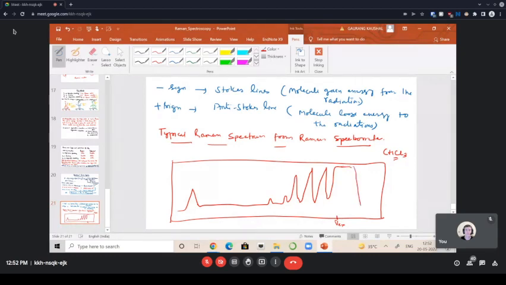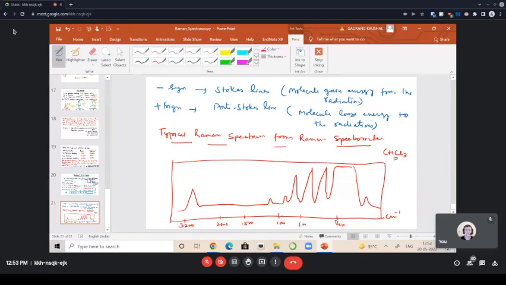It is in centimeter inverse scale, about 3200 centimeter inverse here, around 2000 here, 1500 here, then 1000, then 600, and so on.